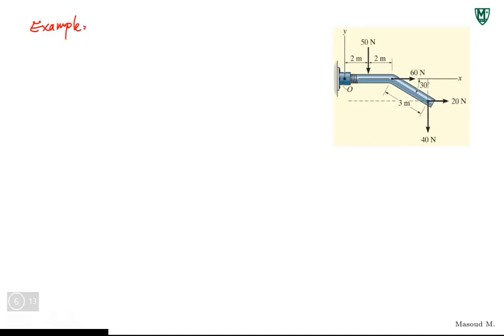Now, my goal is to determine the resultant moment of all these 4 forces acting on this pipe about point O. So let's put it this way.